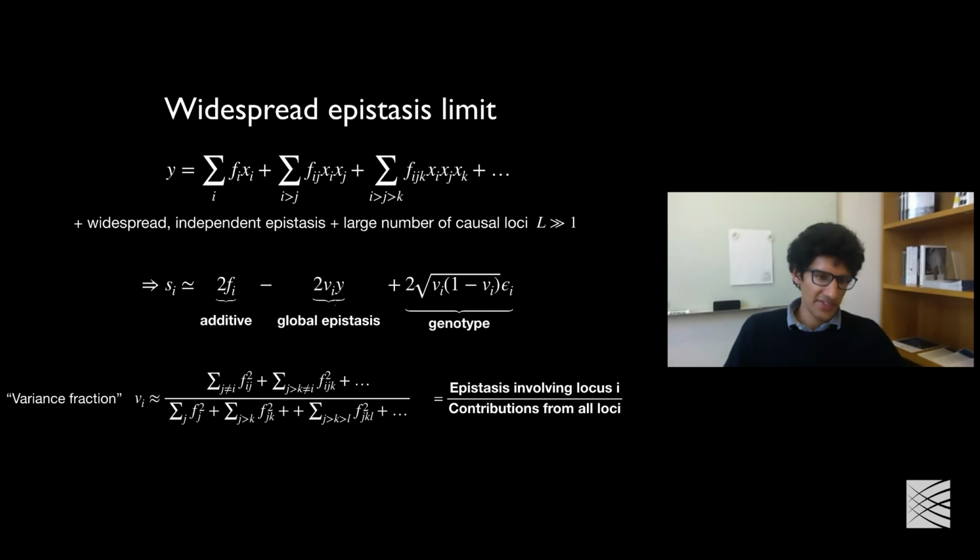It turns out that this slope measures the total amount of epistasis contributed by this locus relative to the contributions from all other loci. So when we measure the linear trend in these assays, what we're essentially measuring is some kind of global measurement of the fitness landscape. It's how much that locus is epistatically coupled to all the loci in the population as a whole.